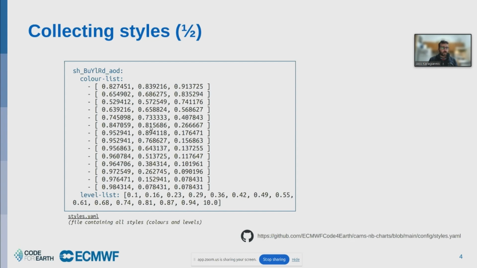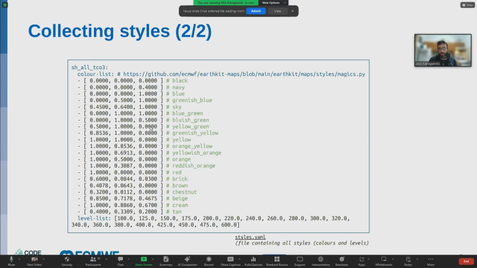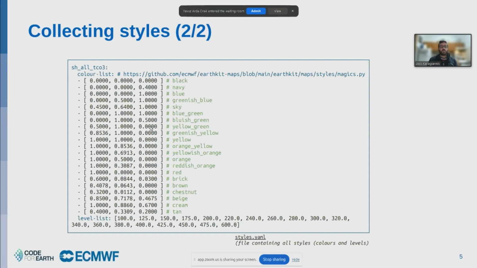Some of them were 8-bit values from 0 to 255, and some others were like this, using an older tool, the Magics plotting software, where the colors were in names, and some were found in the documentation, the mappings to those normalized RGB values.